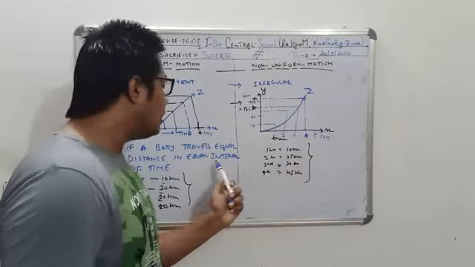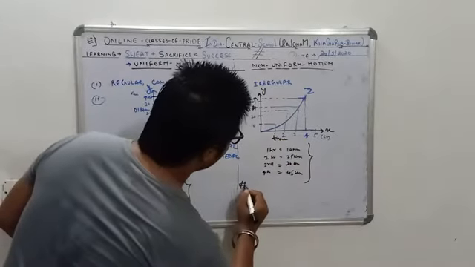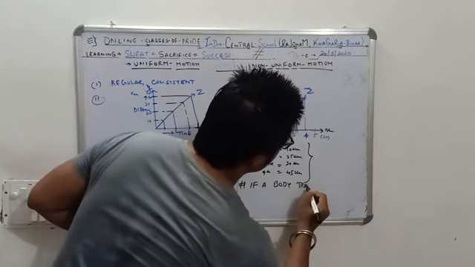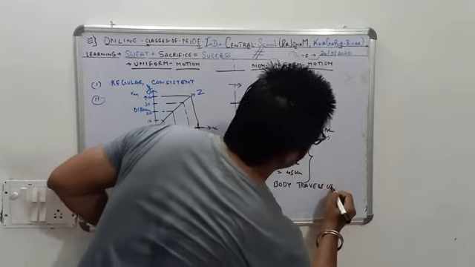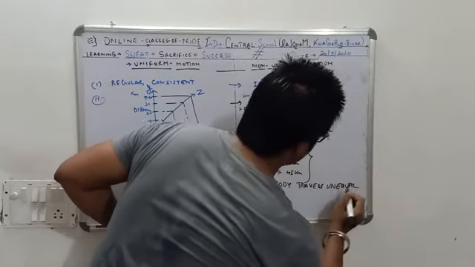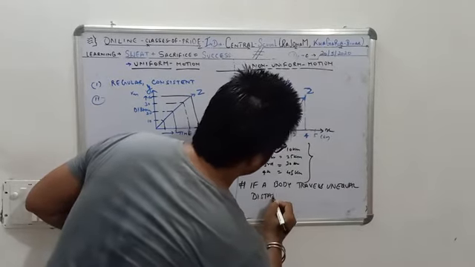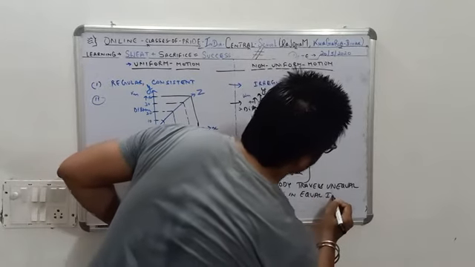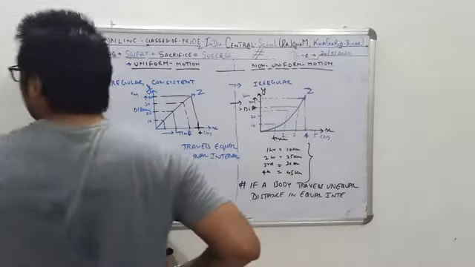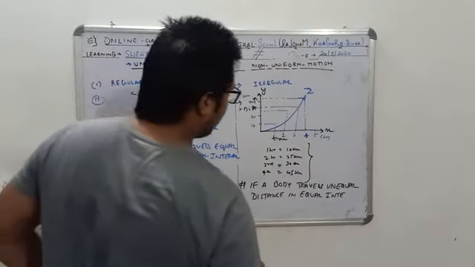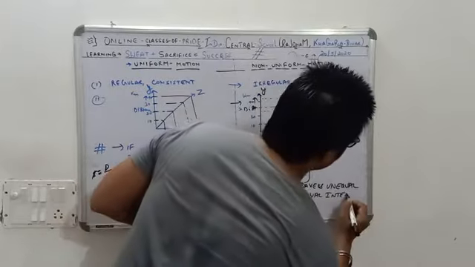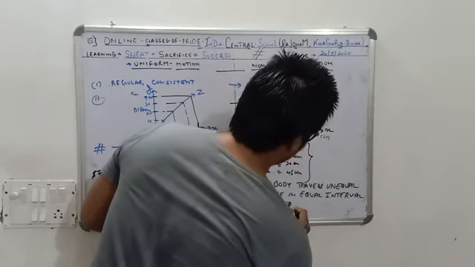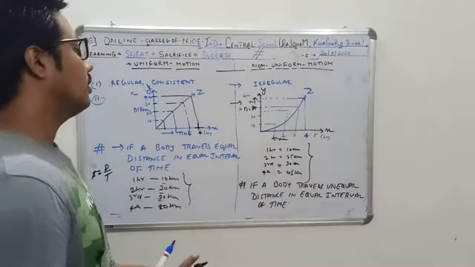That is, it's traveling unequal distances. That is, if a body travels unequal distance in equal interval of time, then it is said to be non-uniform motion.